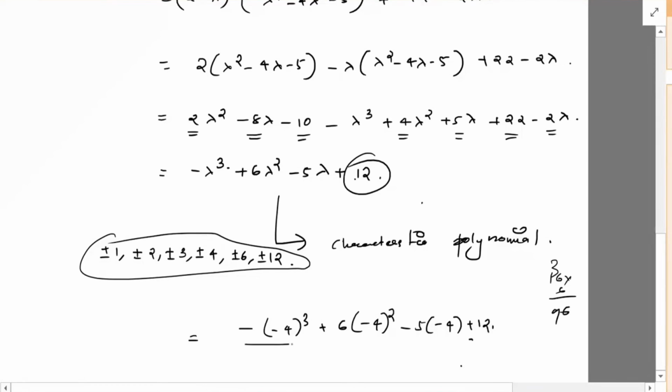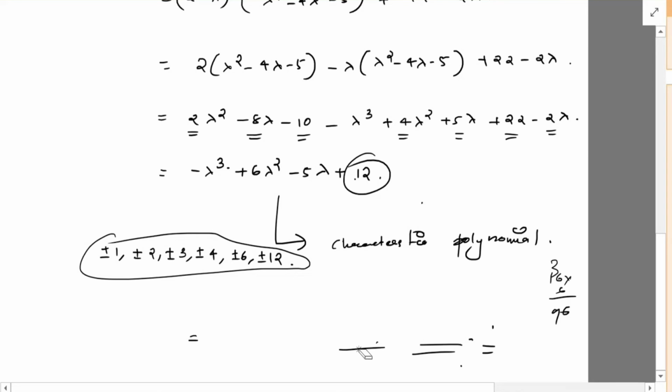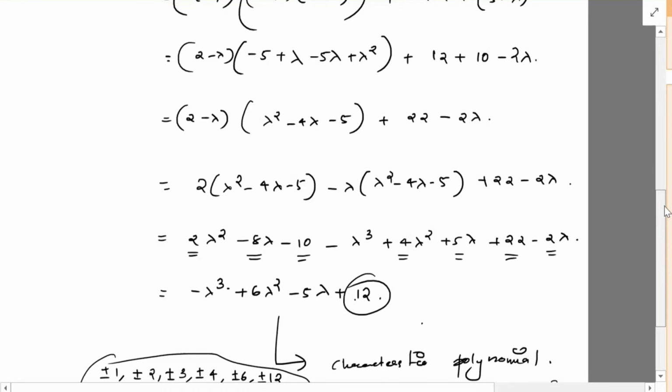So actually these all terms will be positive. If we add these positive numbers, it will never become 0. Minus 4 cube is negative, negative into negative positive, plus positive, plus positive, plus positive. So it will never become 0. So minus 4 is not a root. So actually I think I have made some mistake in finding this characteristic polynomial.